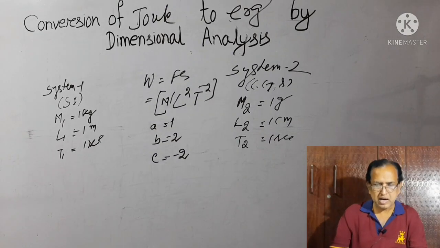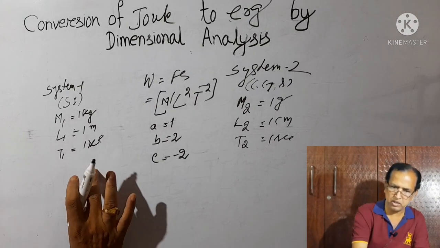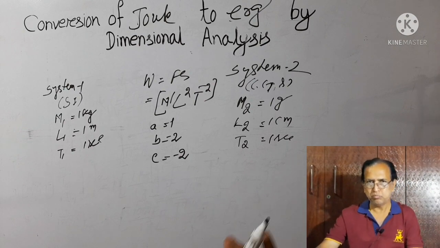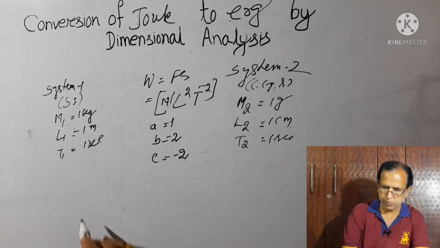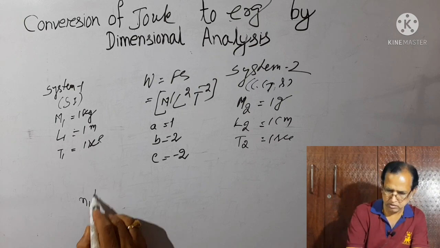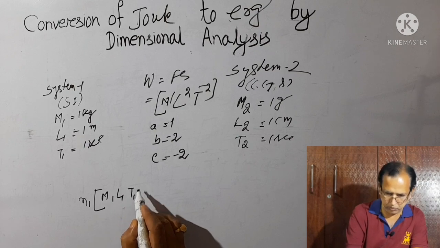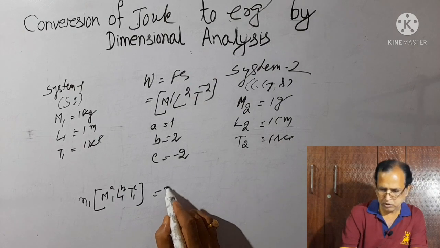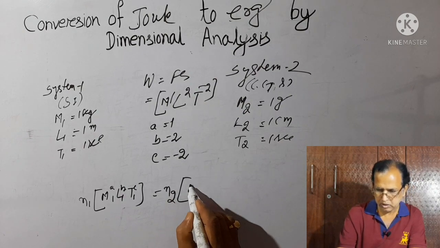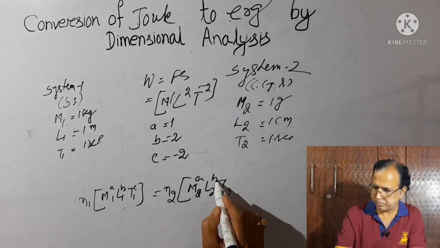As the quantity is same, work in both systems, N1 M1 L1 T1 to the powers a, b, c is equal to N2 M2 L2 T2 to the powers a, b, c.